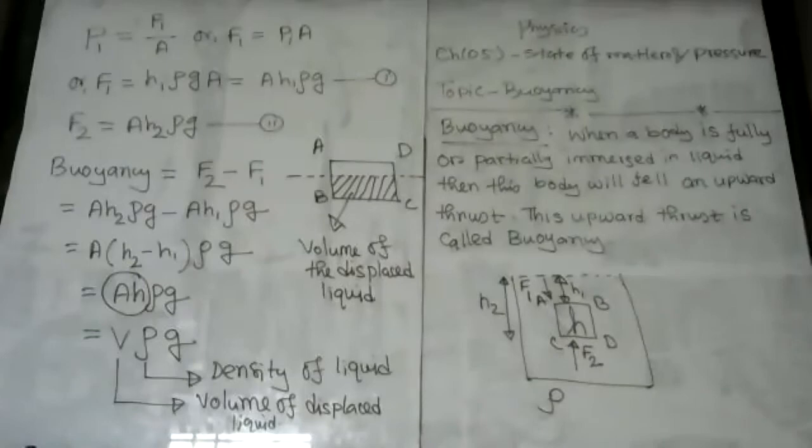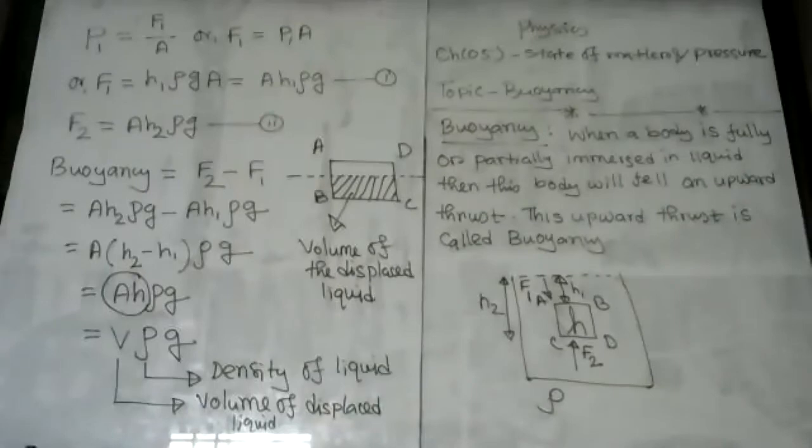But if you keep this body into the water, then some part of the body is inside the water. The part of the body that stays inside the water is called the volume of the displaced liquid.